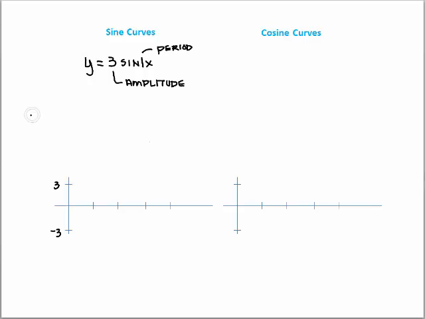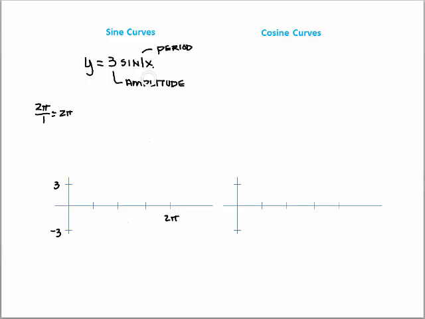So how we figure out the period is, we always take 2 pi, that's a full circle, remember, and we divide it by the number in front of x. So 2 pi divided by 1 equals 2 pi. Okay, let's put 2 pi in here, that's where it's going to end.